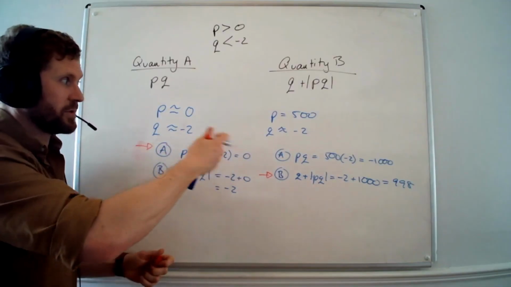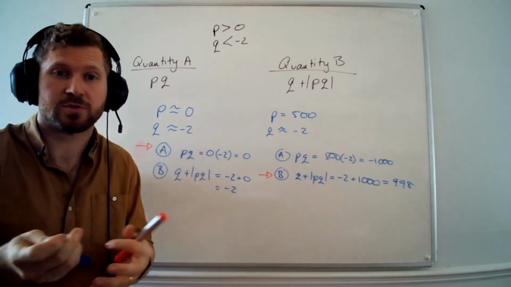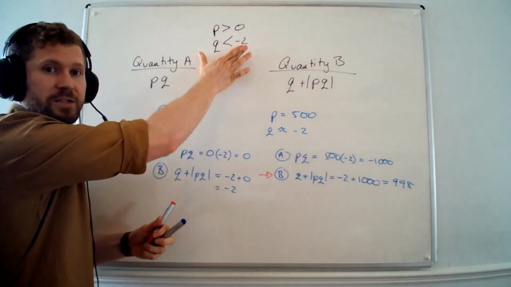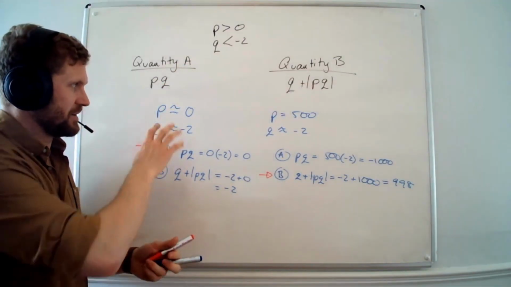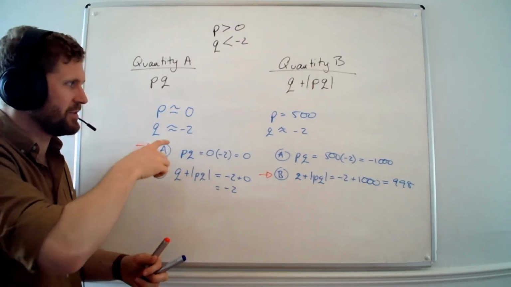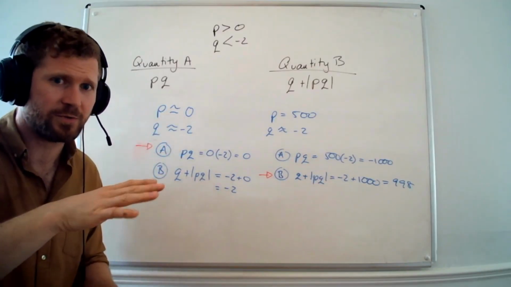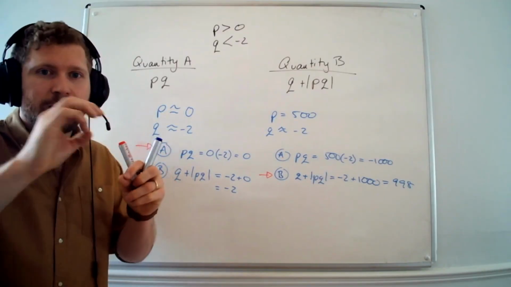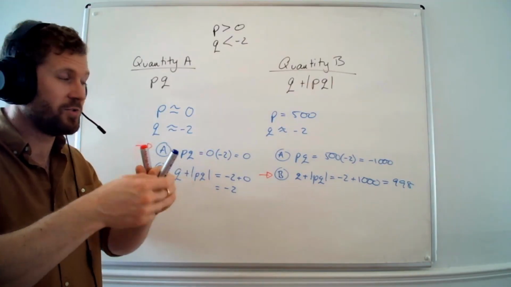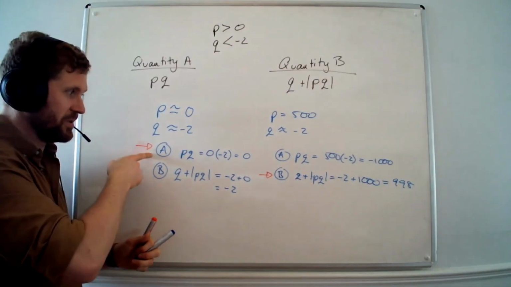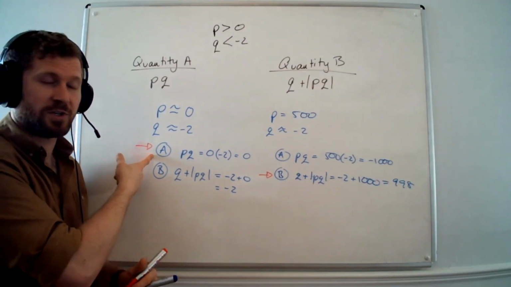All right, so I've come up with two scenarios that are in line with what the constraints on the question said. I know I've been a little bit hand-wavy over here. We're saying p is almost 0, q is almost -2. But like I said before, if you make p just a little bit bigger than 0 and q just a little bit smaller than -2, then quantity A comes out on top.